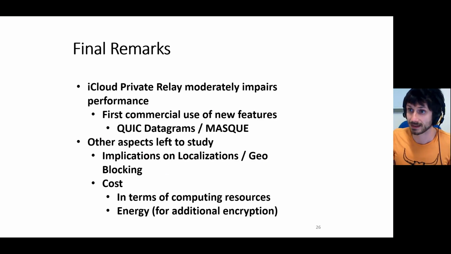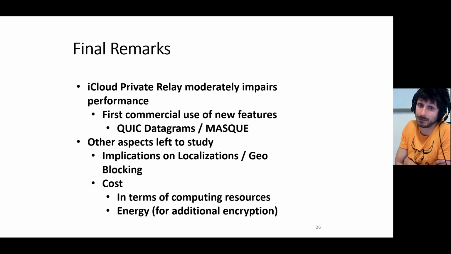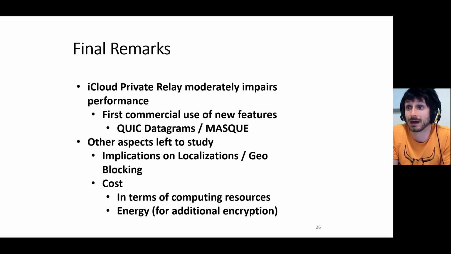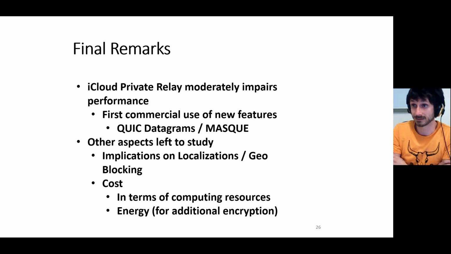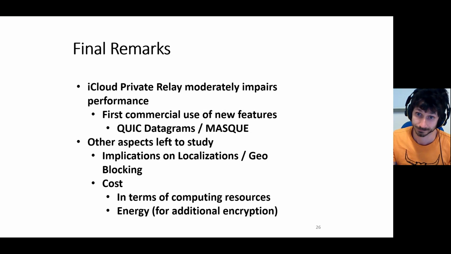These were our results. We can conclude with some final remarks, saying that Private Relay moderately impacts performance, even if this is the first attempt to have a QUIC-based VPN service based on some new features of QUIC. So this is a novel architecture.